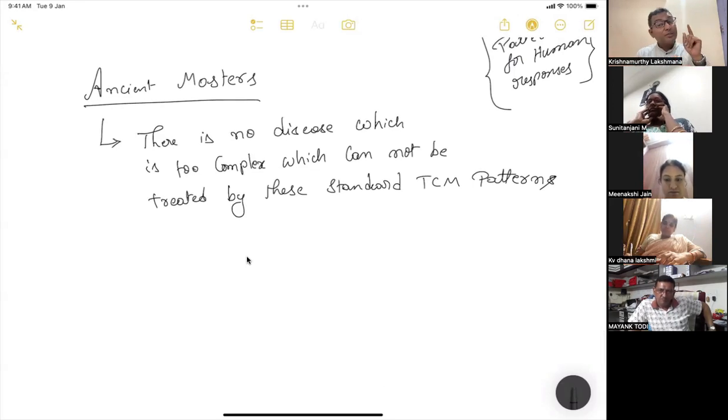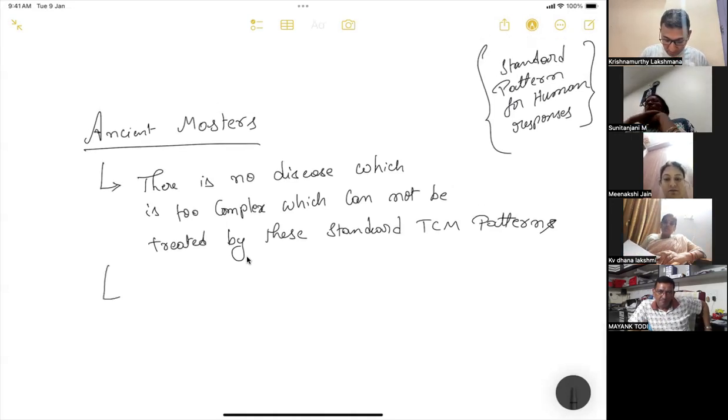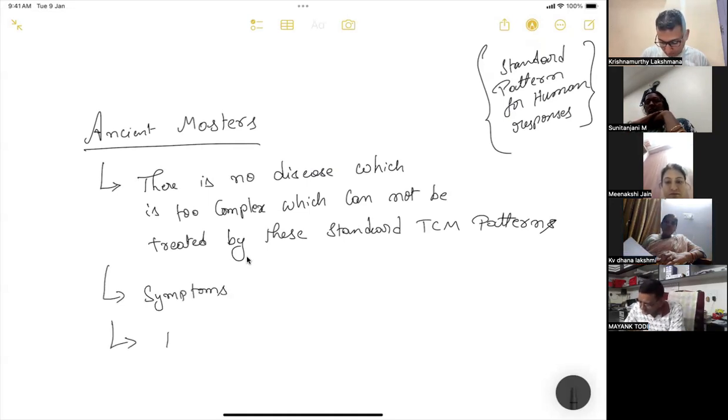So, if all diseases can be fixed through these standard patterns, what do we have to do? They have given the symptoms and they have given the points. What do I have to do?